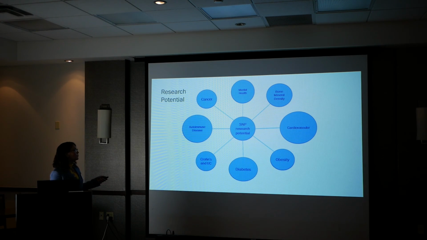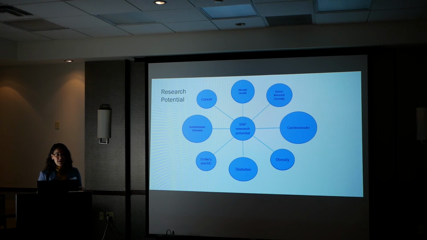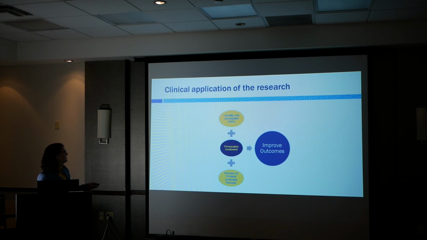And we've got so much potential with single nucleotide polymorphism, addressing mental health and cardiovascular, cancer, autoimmune disease, diabetes, all of these illnesses that are becoming incredibly prominent in our patients. And every day it's just unbelievable. So once you identify that risk, you can personalize the treatment because we can't just look at the SNP.